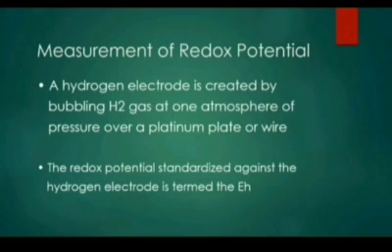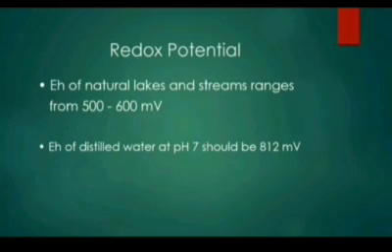As we have seen in the previous slide, the EH is the electron potential, the redox potential standardized against the hydrogen electrode. EH of natural lakes and streams ranges from 500 to 600 millivolts.